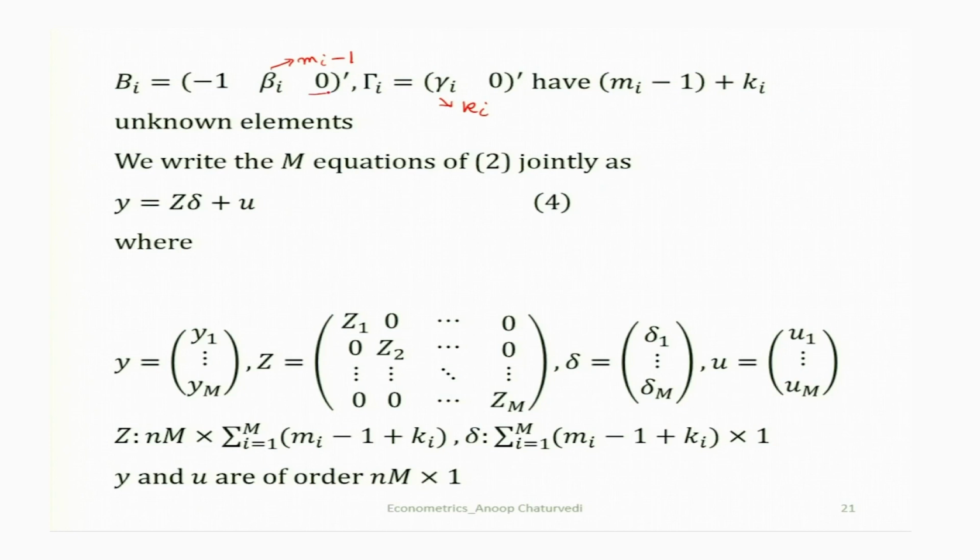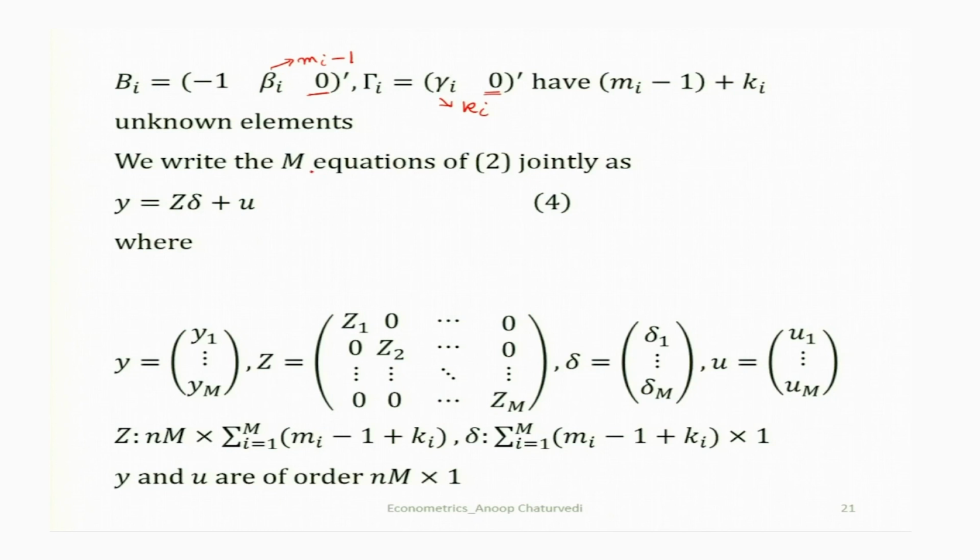These zeros correspond to the endogenous variables not included in the ith equation, and these zeros correspond to the predetermined variables not included in the ith equation. So, the coefficients corresponding to the variables which are not included in the ith equation are taken as 0.